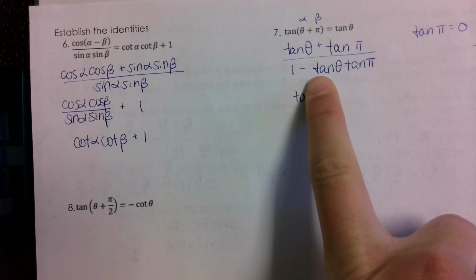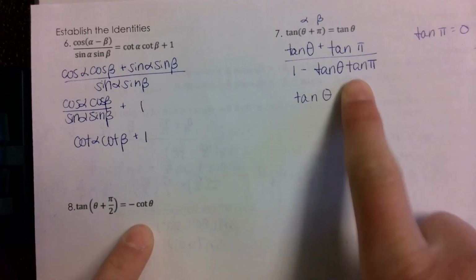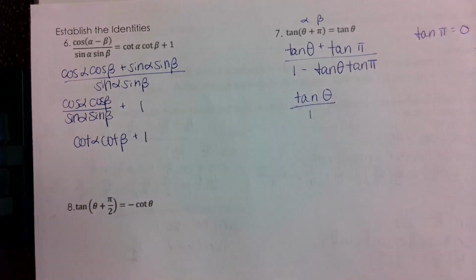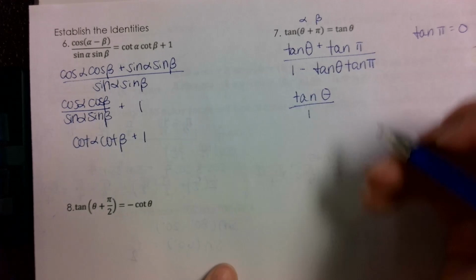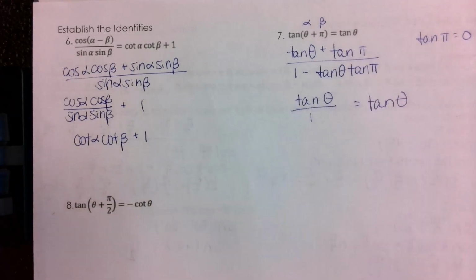So anything times 0 is what? 0. So all that's going to go to 0, and you just have 1 minus 0, which is just 1. So all that's really just tangent. Is that all right? Questions?